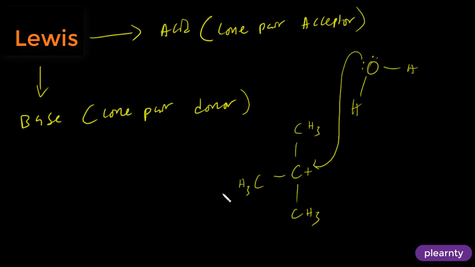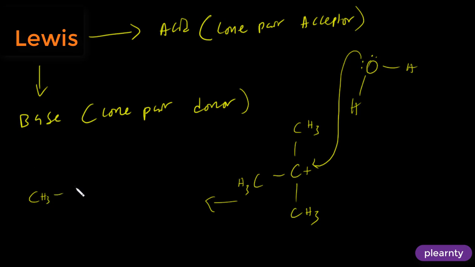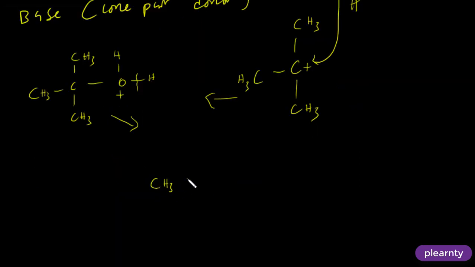At the end of the day, you are going to have something like this. Because this is not stable, one of these bonds will break and we are going to have this. So at the end of the day, what we have is an extra proton.